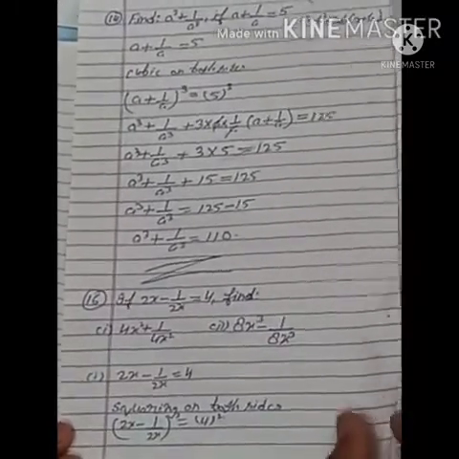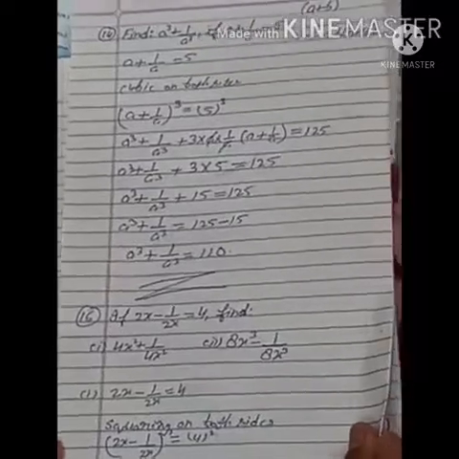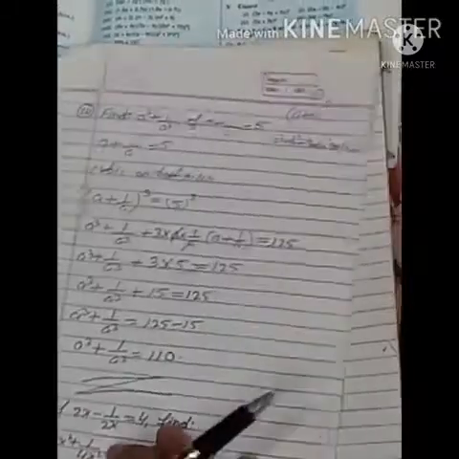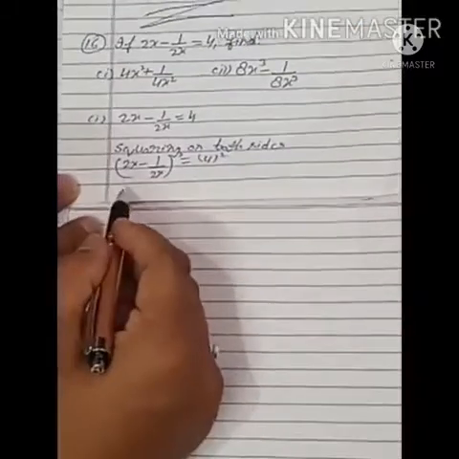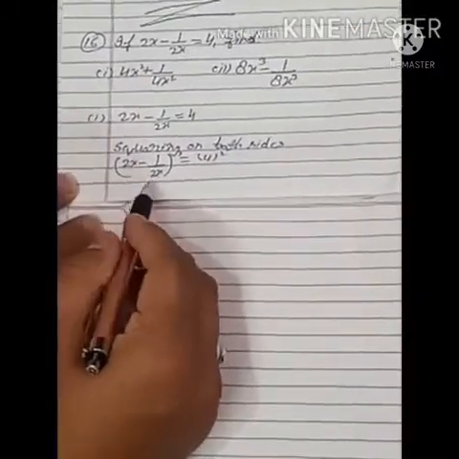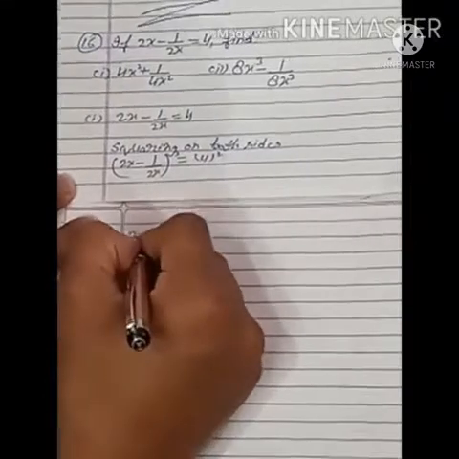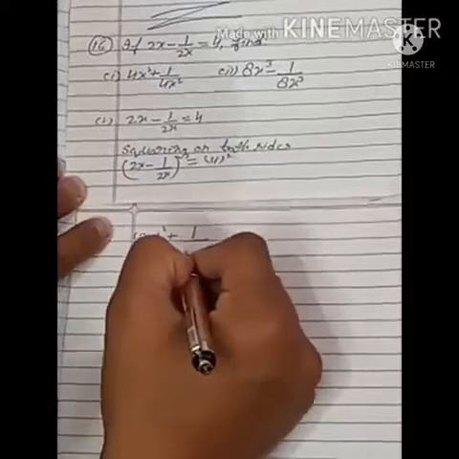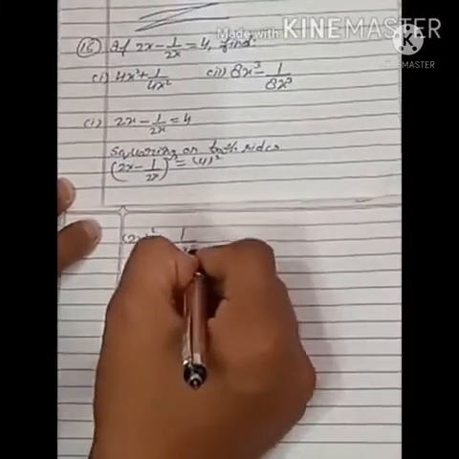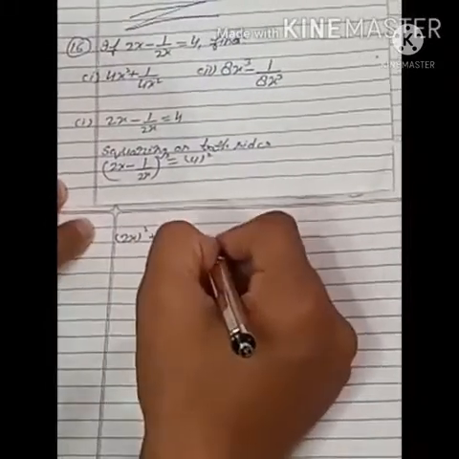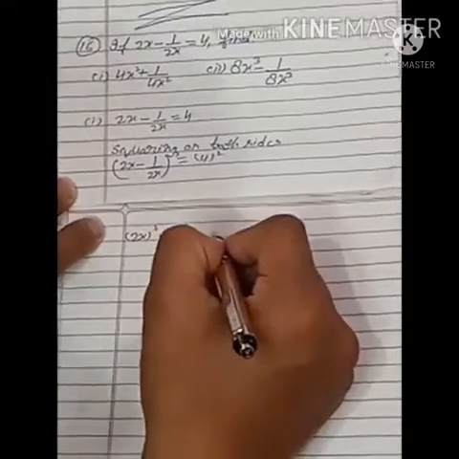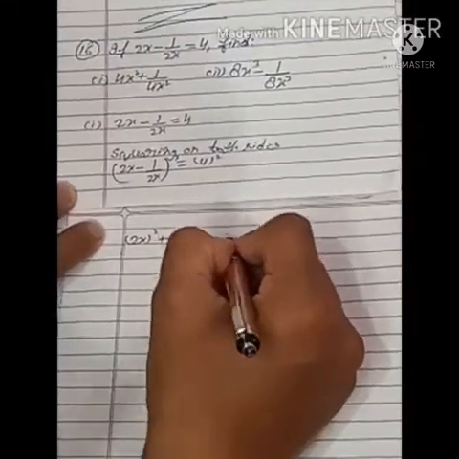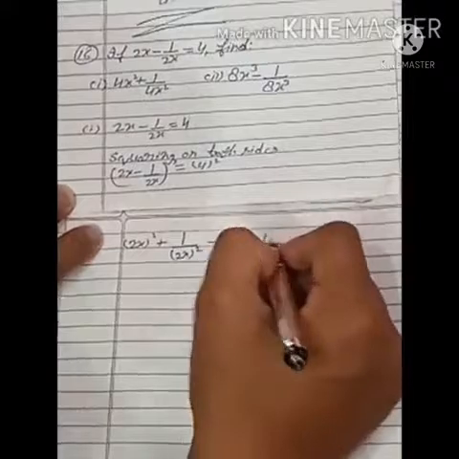So we will use a minus 1 upon a whole square is equal to a square plus 1 upon a square minus 2, so 2x square plus 1 upon 2x whole square minus 2 is equal to square of this 4, 16.